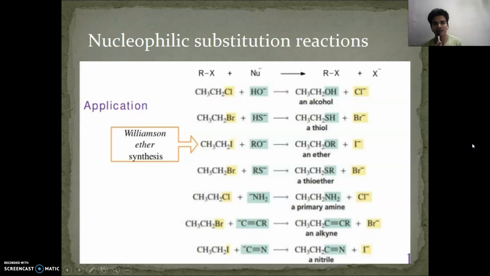It is a simple reaction. So this is the overall nucleophilic substitution reaction summary with the particular nucleophile: hydroxy group, then thio group, alkoxy group. Like this, we can easily see what types of products are formed: an alcohol, thioethers, primary amine, an alkyne, and nitrile, and so on.